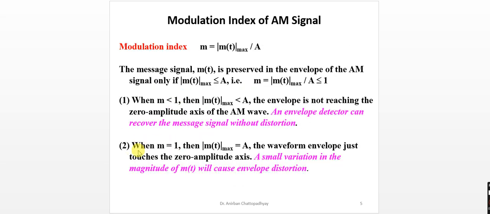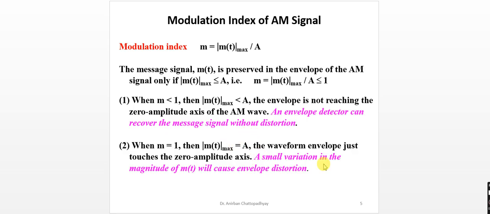Now these are the conditions. First condition, m less than 1, that means the maximum message signal amplitude must be less than the maximum carrier signal amplitude. This condition number 1 is known as under modulation. Now condition 2, when m is equal to 1, then m(t) max, the maximum amplitude of the message signal, is equal to the maximum amplitude of the carrier signal.